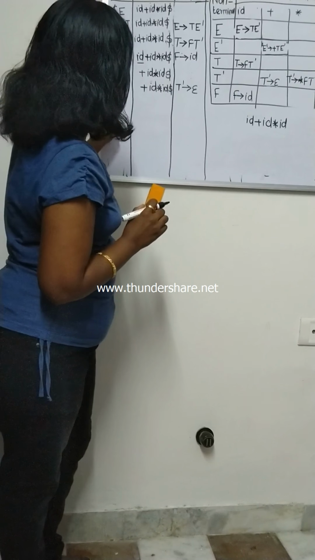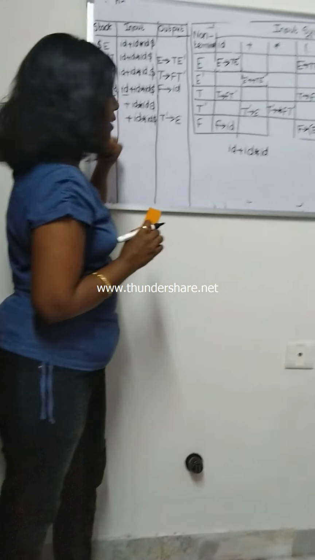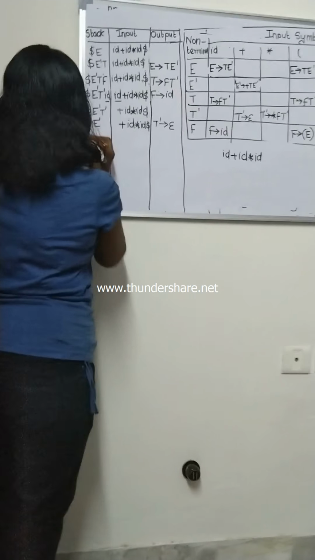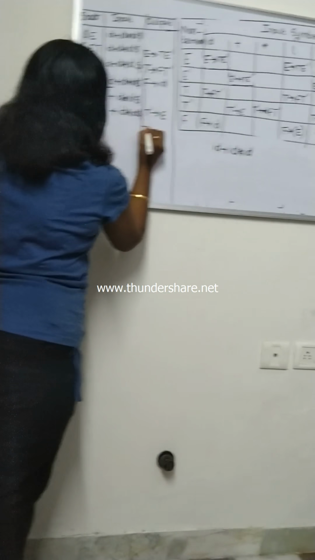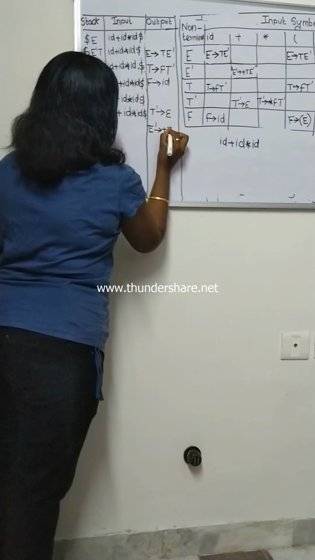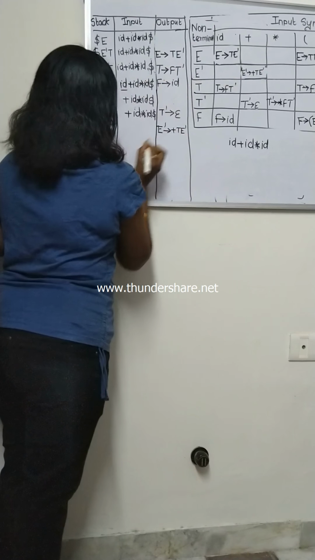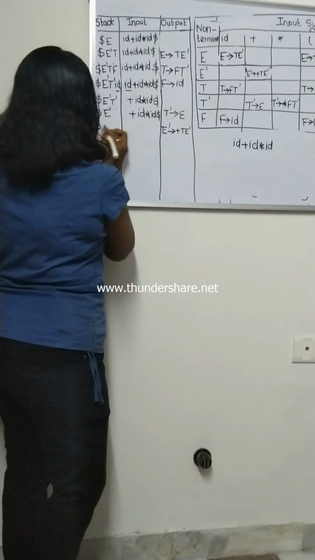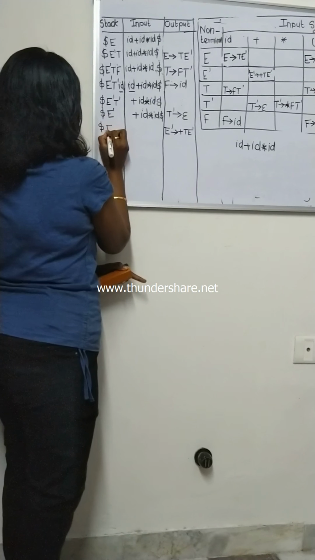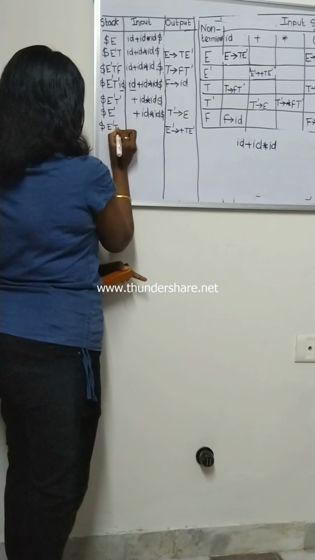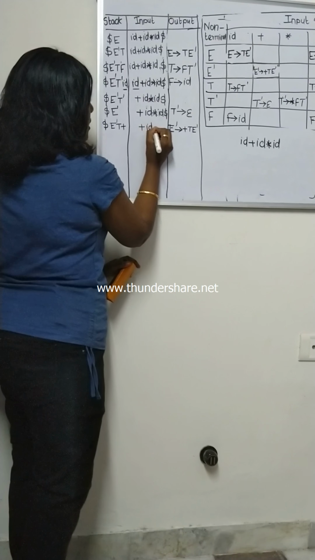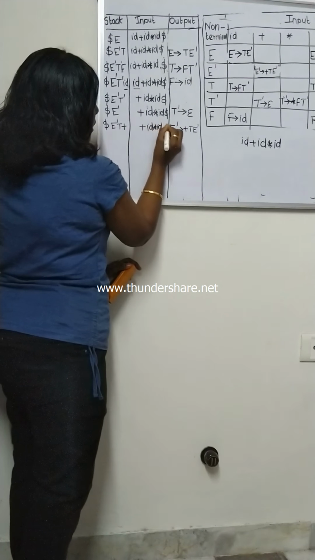Now I am going to check E dash row plus column. So dollar, I am writing here E dash derives plus T E dash. Now I am going to write in reverse order, E dash T plus, so here it is plus ID star ID dollar.